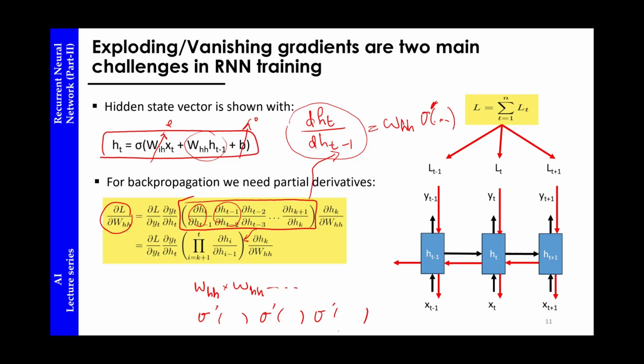But how can we estimate this product? You should have a method to mathematically estimate or predict this product. Otherwise, we cannot judge whether we will have vanishing or exploding gradients.